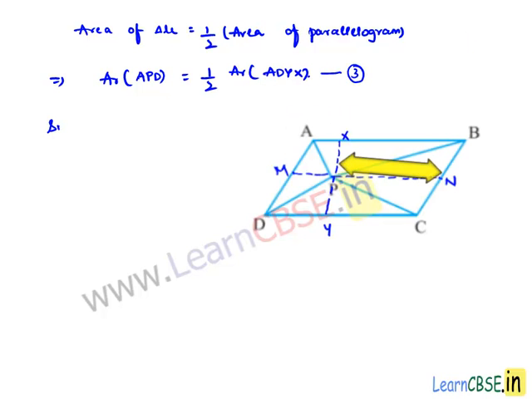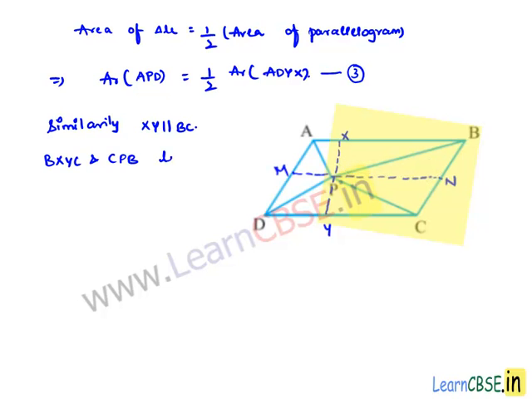Similarly, if we consider XY parallel to BC, then the parallelogram BXYC and the triangle CPB lie on the common base BC and between the common parallels, that is XY and BC.